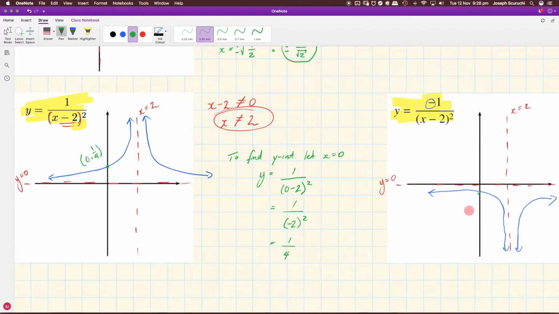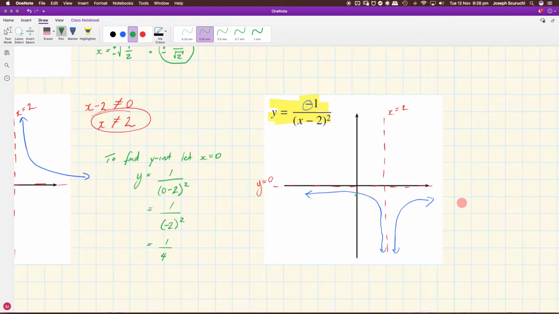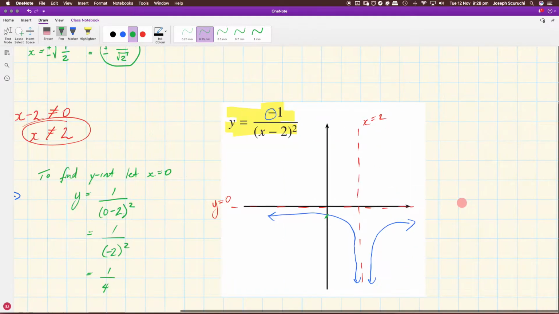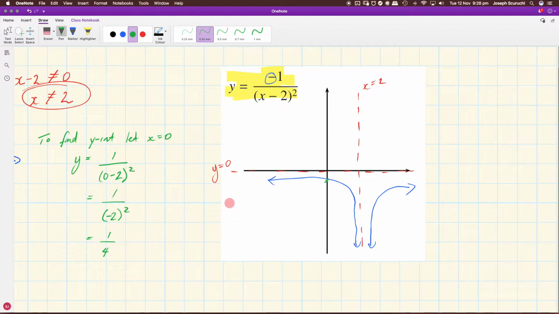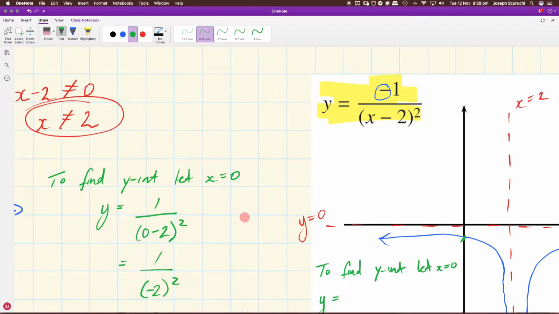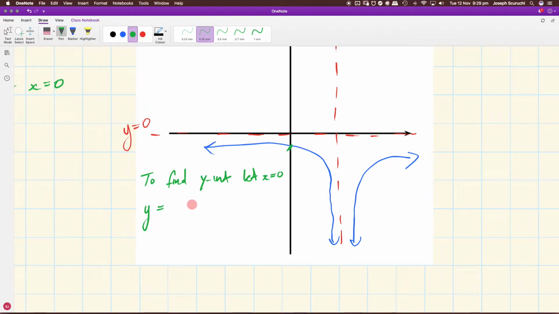So for instance here, I have my y-intercept. Let me solve what my y-intercept is. To find the y-int, let x equal 0. So here's my formula: y equals negative 1 over (0 minus 2) squared.